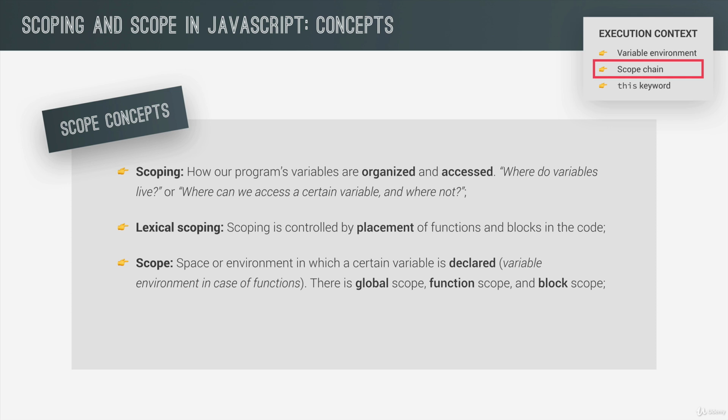But first, let's also define what the scope of a variable is. So the scope of a variable is basically the entire region of our code where a certain variable can be accessed. Now, some people use the word scope for all of this, but I like to define all these concepts that we have here in a clear way because there are actually subtle differences.